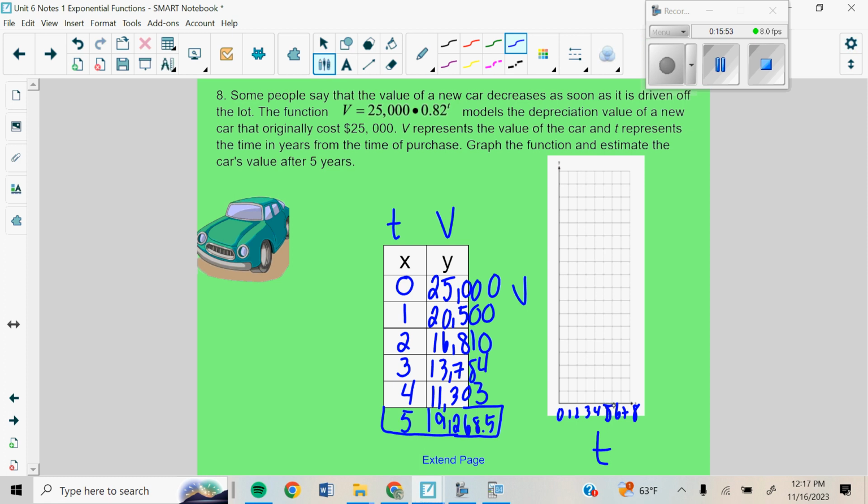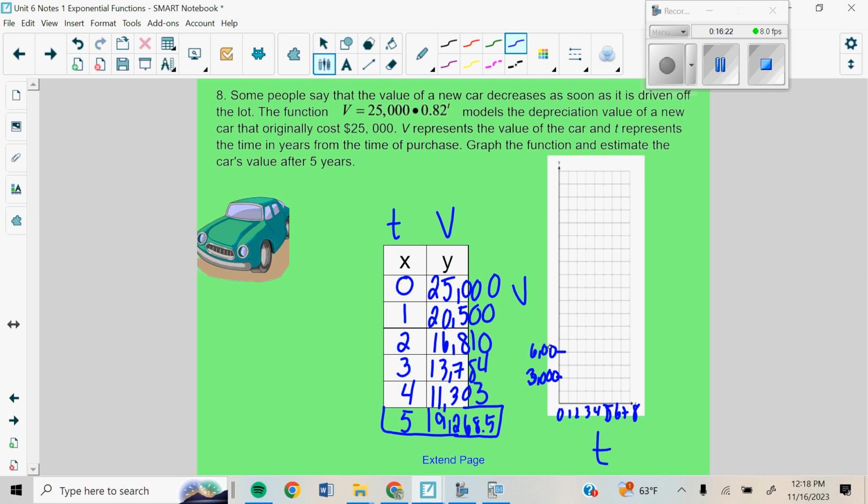Oh gosh, darn. Okay, let me see here. So if we go by 1,500, that should give us enough space. So every line is 1,500, and I'm going to mark every other line. So we have 3,000 at the second line, then it's 4,500, then it's 6,000.